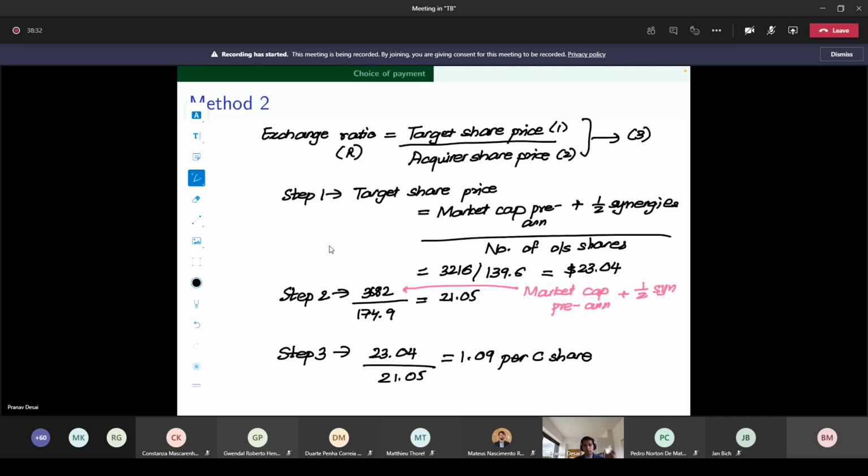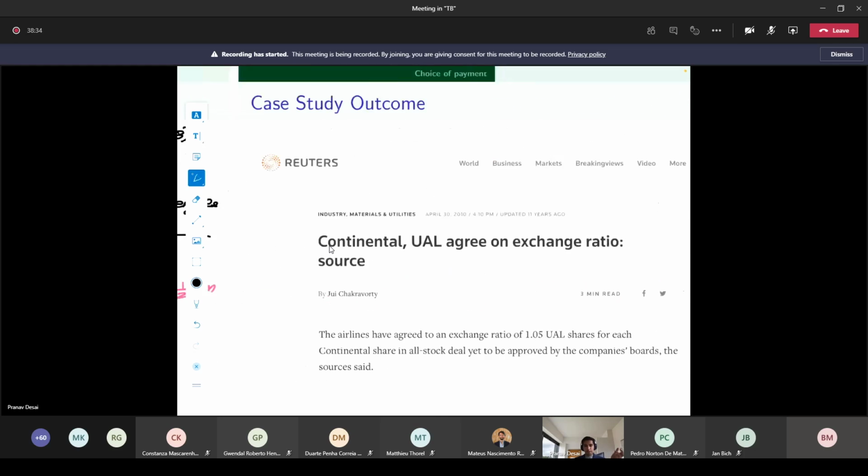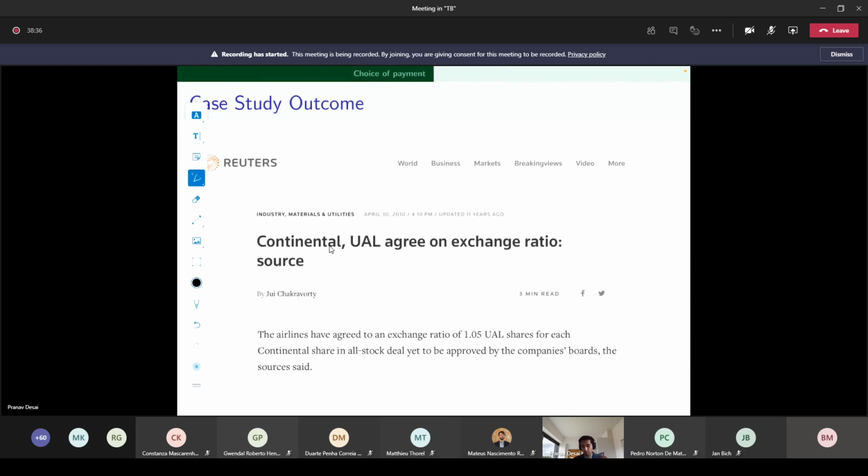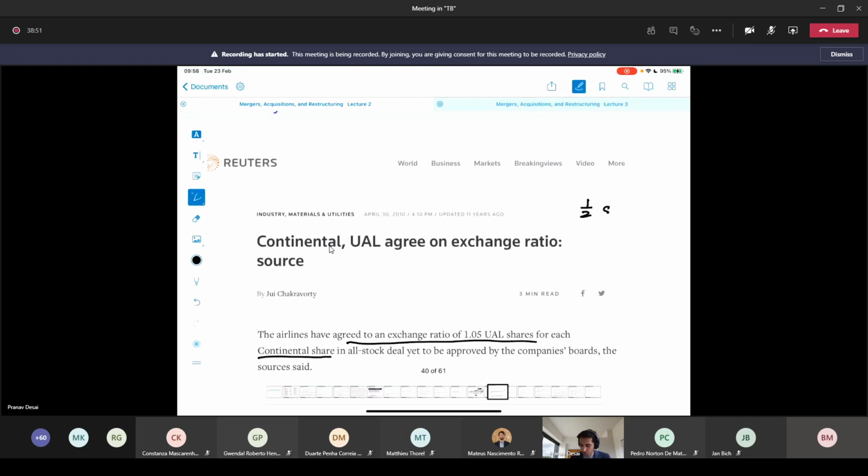So let us now try to understand what exactly happened. The two airlines agreed on an exchange ratio of 1.05 United shares for each Continental share. Based on a calculation of half of synergies being paid by United to Continental, the value was 1.09 United shares per Continental share.